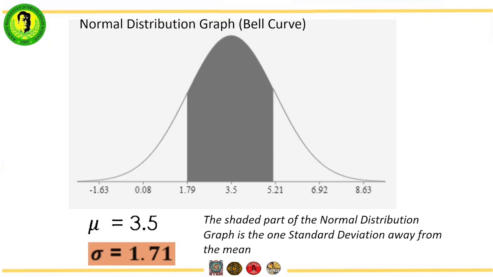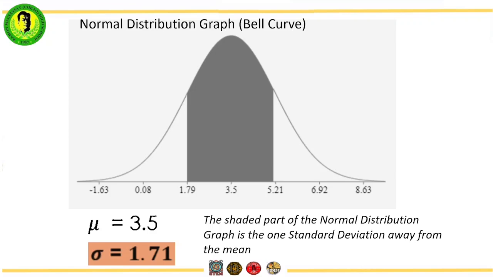To the left of our mean, we subtract 1.71, and to the right of our mean, we add 1.71. It means the odds, or the probability, of getting a value.